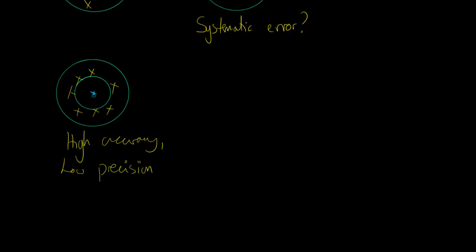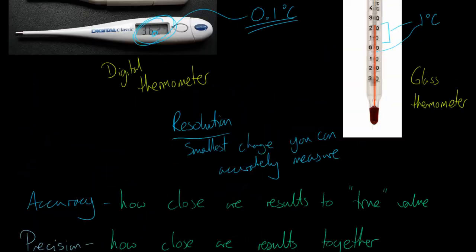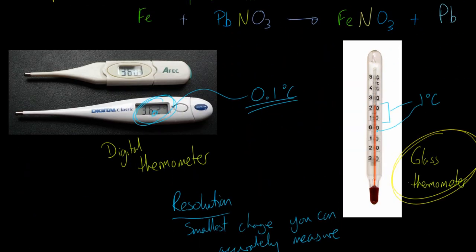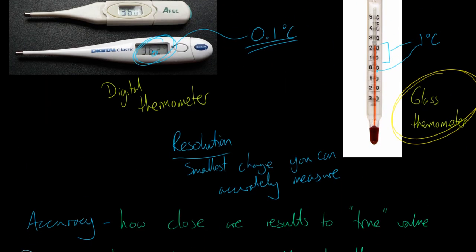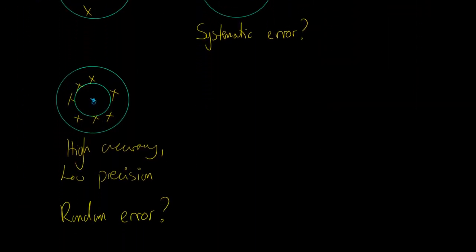This suggests that there's some sort of random error creeping into your experiment. Perhaps you are using a glass thermometer, and you're going a little bit wrong with your measurements. Error is creeping in, and it's making your results wrong, but by a different amount each time. So you'd need to go back and have a look at your method and see if you can increase the precision of your measurements.